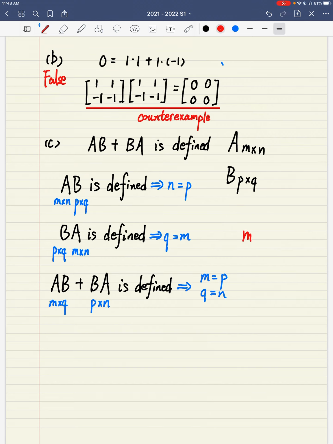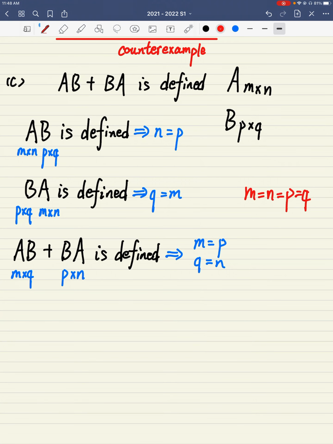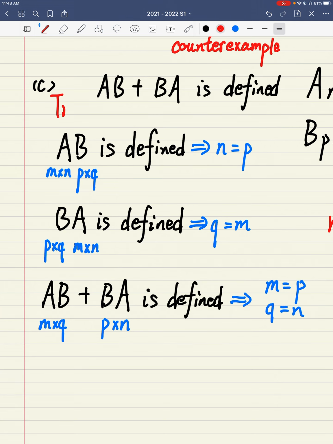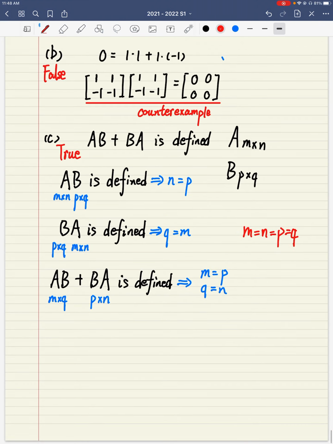These four numbers must be the same. So A and B are both square matrices, which is true. So this statement is true.